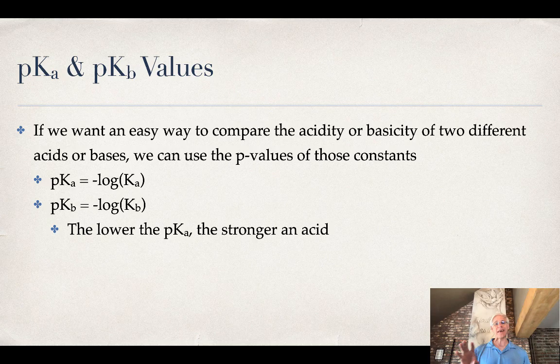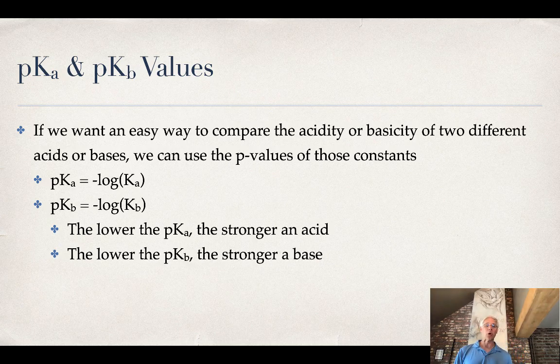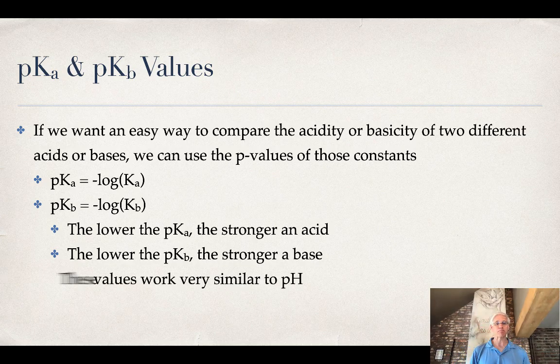As you take the negative log, the smaller number in a negative exponent makes that number larger overall, so as pKa goes down, that indicates a lower negative exponent in the Ka, and so the acid will actually be stronger. The same goes for pKb: the lower the pKb, the stronger a base is. And again, very similar to how pH works.